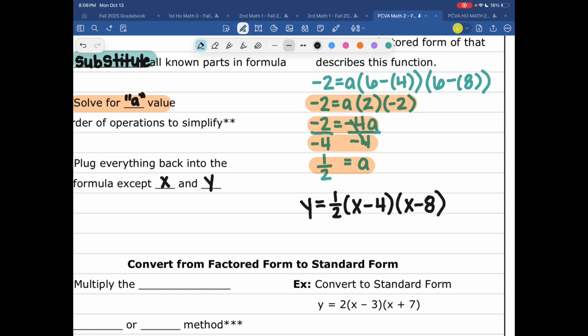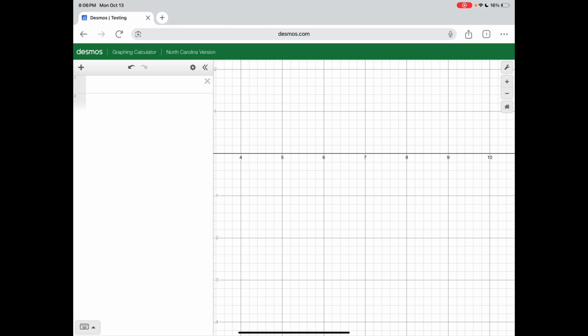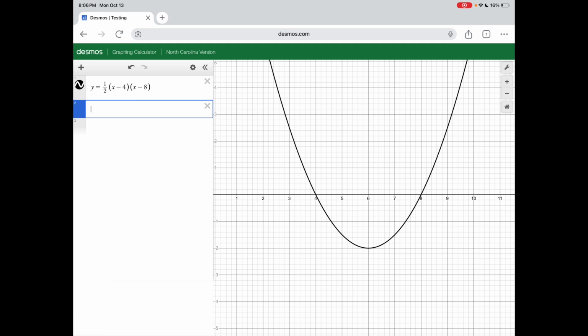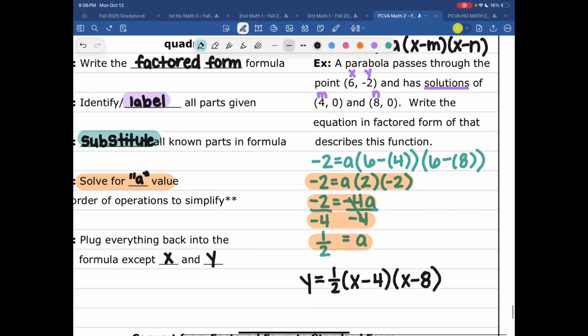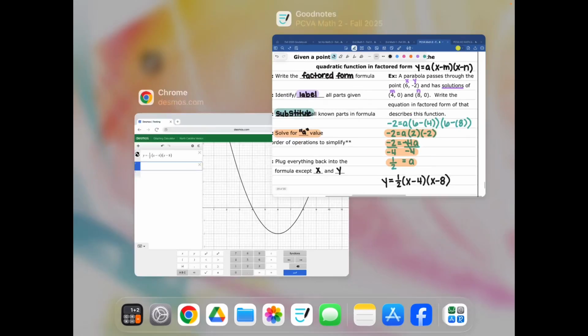All right, the other thing that we need to look at is let's look at it graphically. So if I'm looking at Desmos and I put in the quadratic that I found, so I have 1/2, I have x minus 4, x minus 8. All right, so it told us that in this problem, we have those original solutions at 4 and 8.